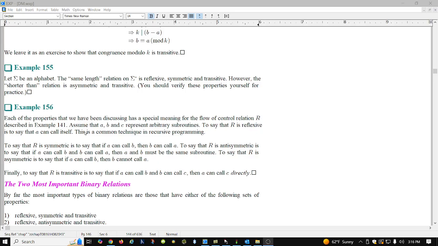And finally, if R is asymmetric, that means if A can call B, then B cannot call A. I've never seen a case of that specifically. But then again, I'm not a professional computer programmer.